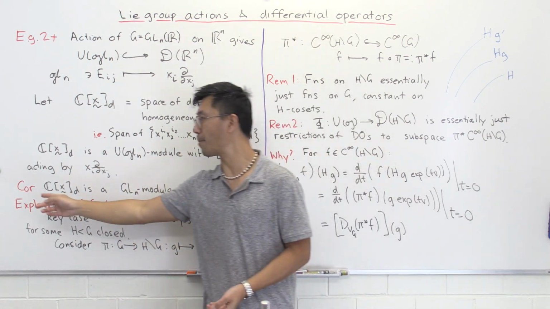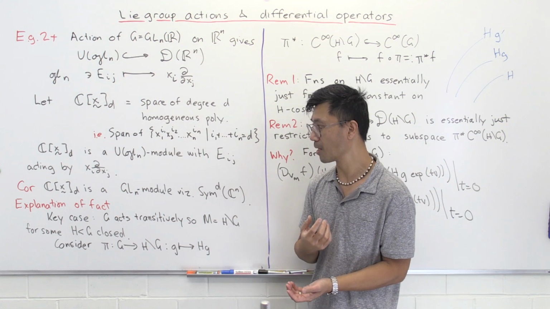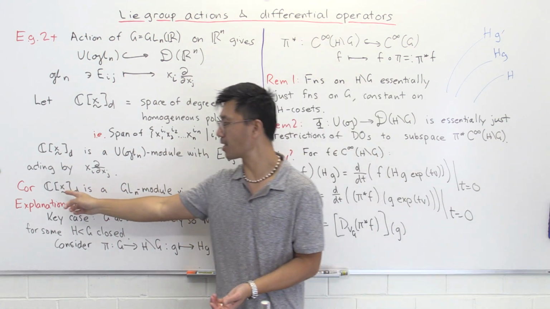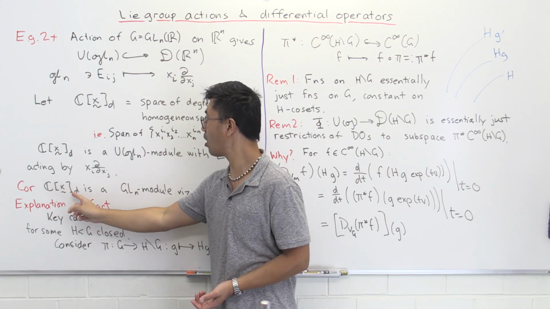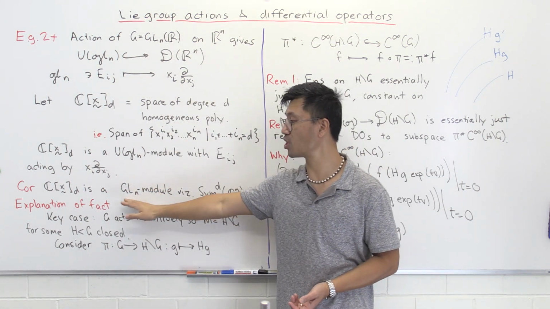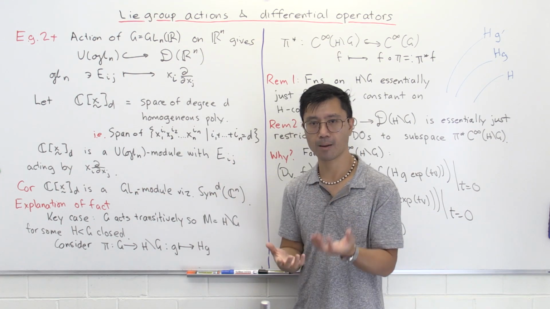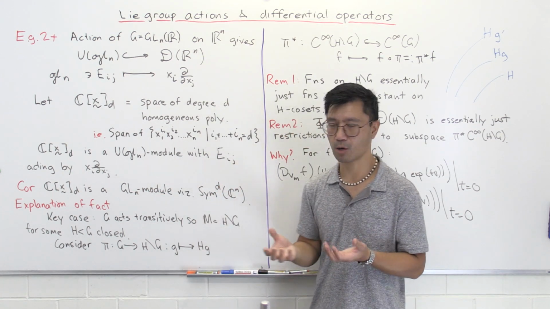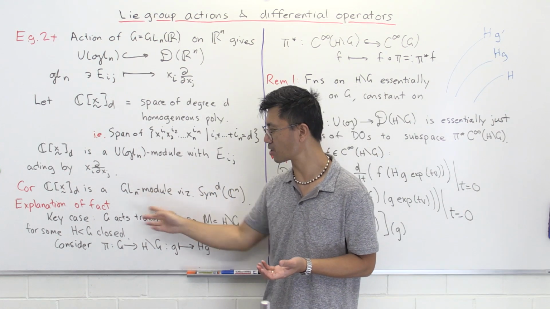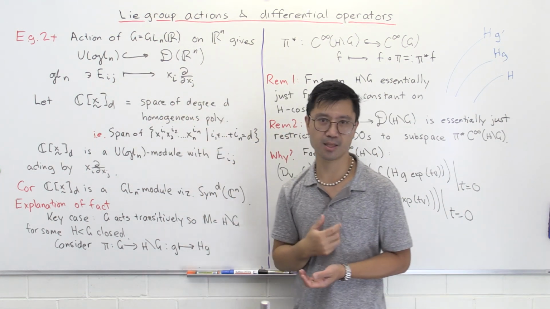The nice corollary is that we have this Lie algebra Lie group dictionary. So in particular, this space of degree d homogeneous polynomials is actually a module over GLN. Now, if you know a little bit more about tensor products and representation theory, this is not such a surprising result, but it's nice to see it exhibited in this way.